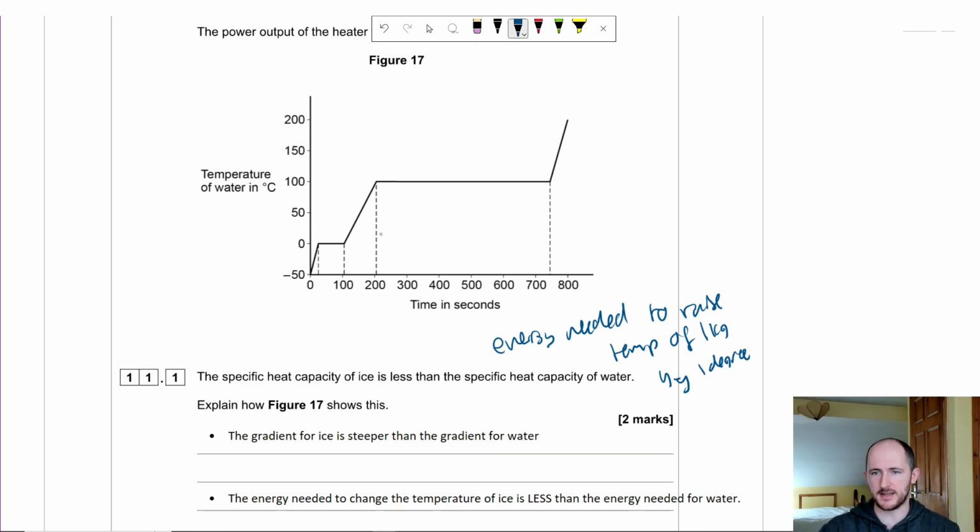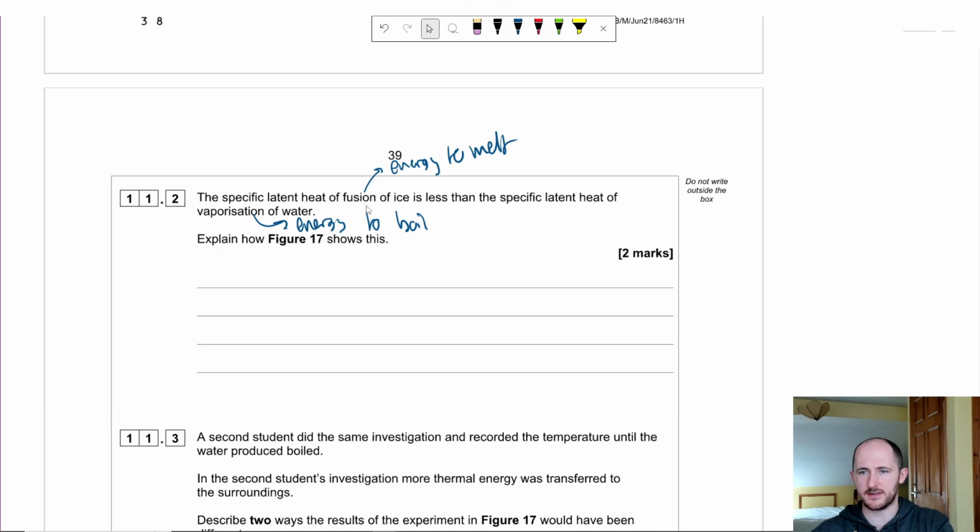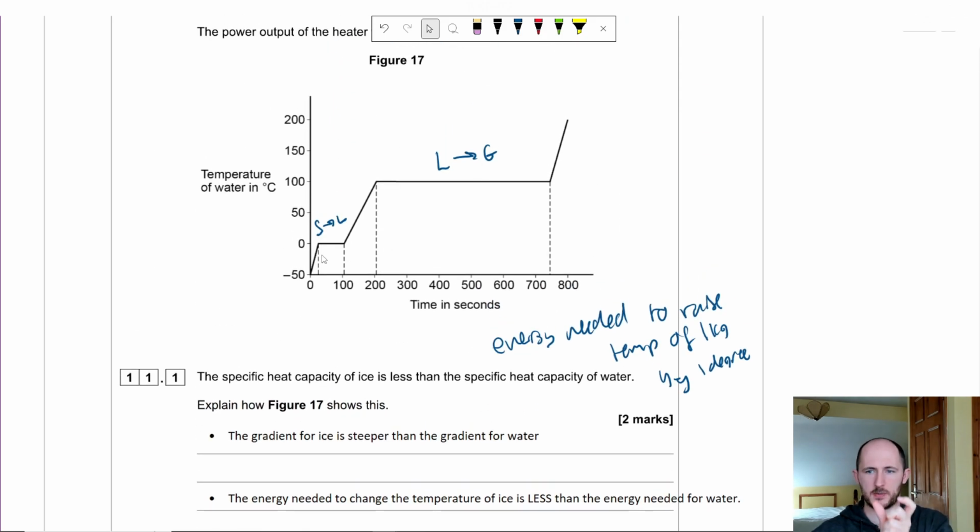So this is when the ice is melting into a liquid, and this is when a liquid is boiling into a gas. So how does this show that the specific latent heat of fusion is less than the latent heat of vaporization? Well, if we look at the difference, look at the difference. Solid to liquid happens in under 100 seconds. Liquid to gas happens in over 500 seconds.